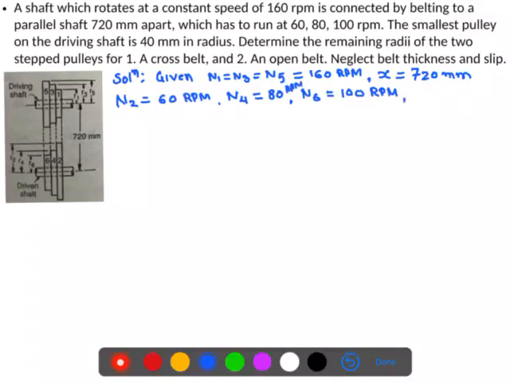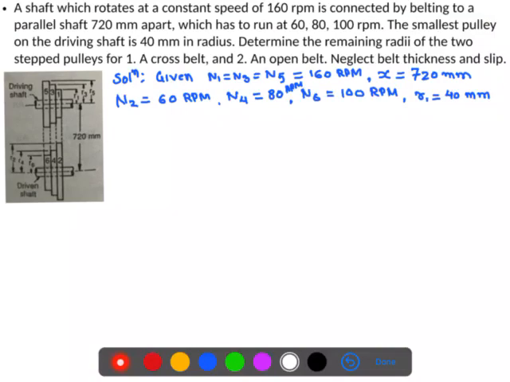And then R1 is given, that is the radius of the smallest pulley on the driving shaft is 40 millimeter. So we have to find out the radius of all pulleys on the driven shaft, right?